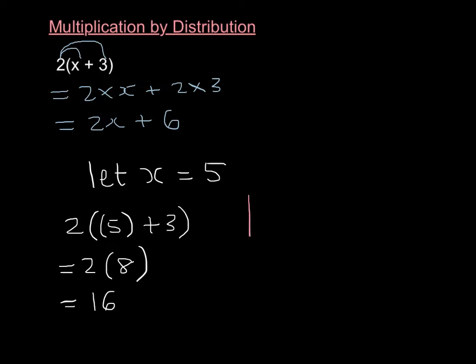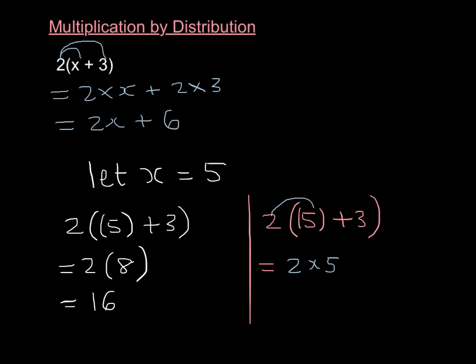On the side here, let's try our new method. So we'd have 2, 5 in brackets, plus 3, and all of that's in brackets. Now let's use distribution. So we're going to say 2 times 5, 2 times 5. Now the plus sign we're going to carry down from here, that's going to be plus.